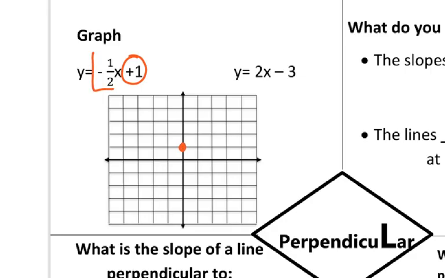It says move with the slope -1/2. Because it's negative, we're going to drop down 1, and then we're going to go to the right 2. Down 1/2. So that's the equation of my first line.